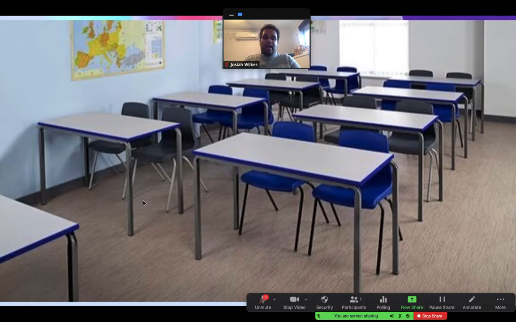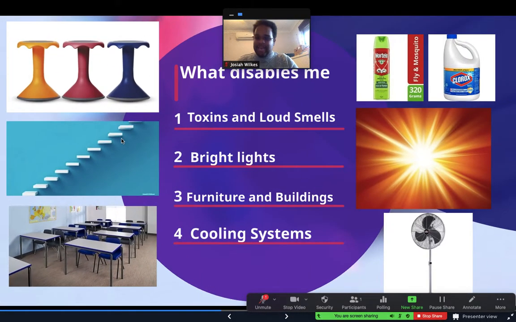When I walk into a classroom, I hate this kind of setup because with my fibromyalgia and the way I function, I'm very clumsy and I don't have a very good sense of how close I am to different objects, and I bump into stuff all the time. If I were in a classroom like this, I would always be bumping into the tables, tripping over and getting stuck. So that's one thing that disables me.